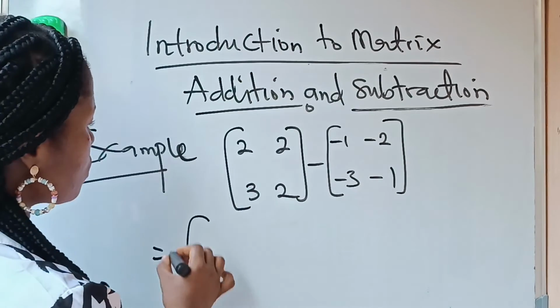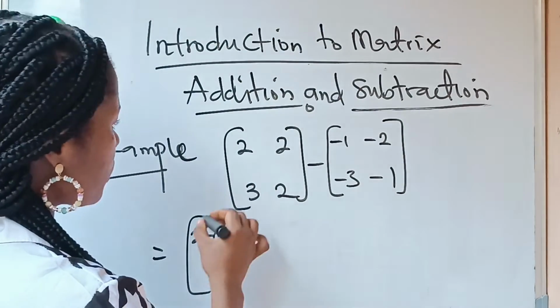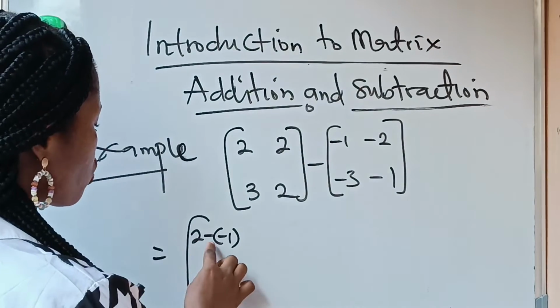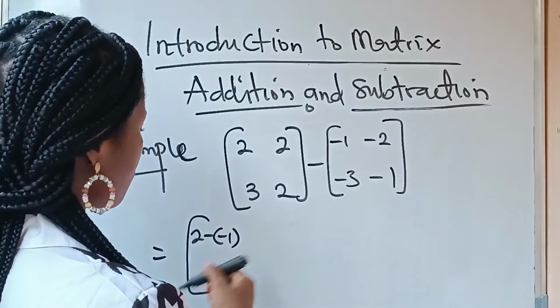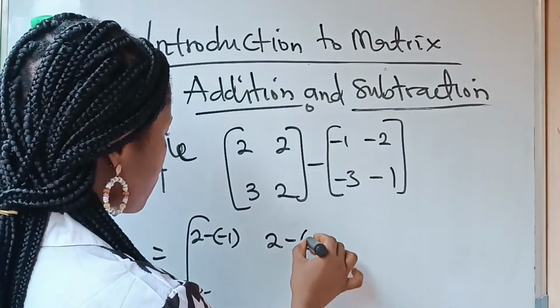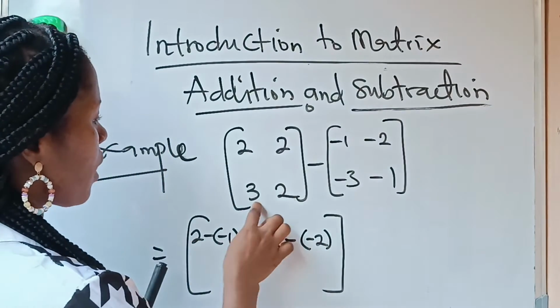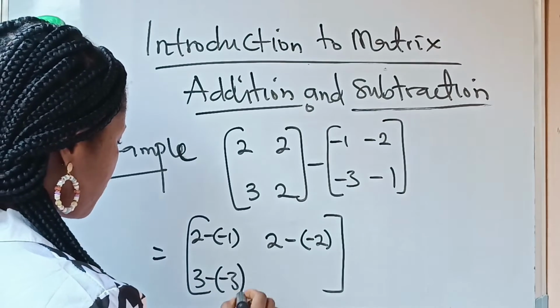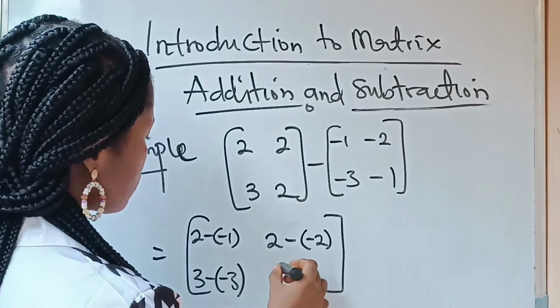This is going to be equal to 2 minus minus 1. Remember that this is minus 1, not just an ordinary 1. Then this one will be 2 minus minus 2. Then 3 minus minus 3. Then 2 minus minus 1.